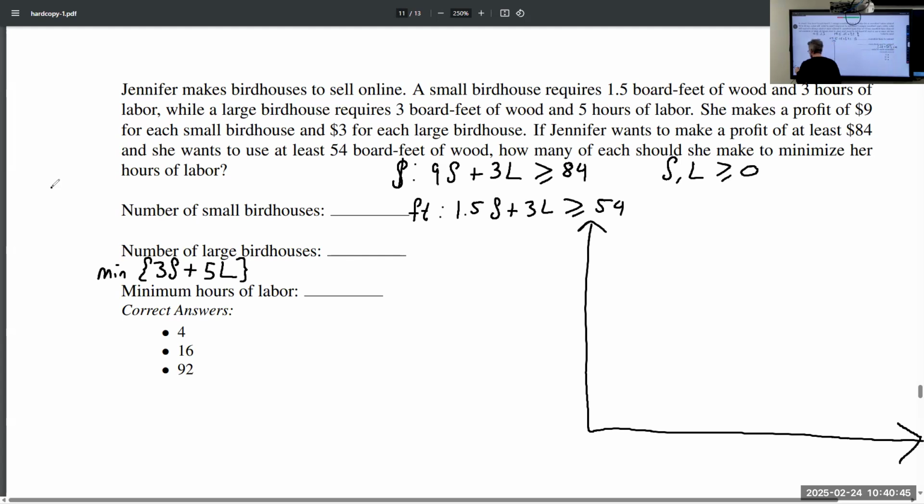I'll call this small. I'll call this large. I need to find my intercepts. So what would my intercepts be? For my money equation, I have 84 divided by 9. Small equals 9.3 repeating. And 84 divided by 3 is 28.